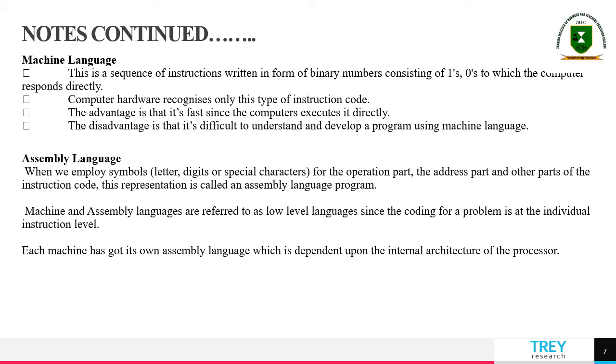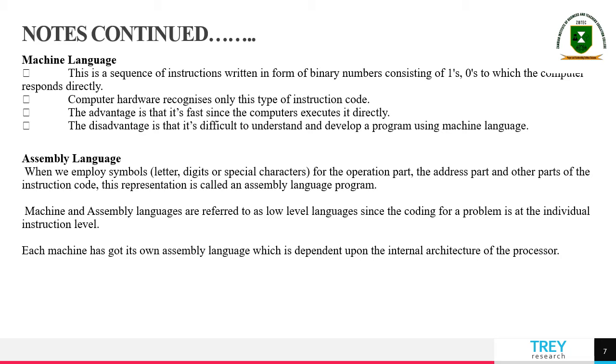Computer hardware recognizes only this type of instruction code. The advantage is that it's fast, since the computer executes it directly. The disadvantage is that it's difficult to understand and develop a program using machine language. So that's it about machine language.